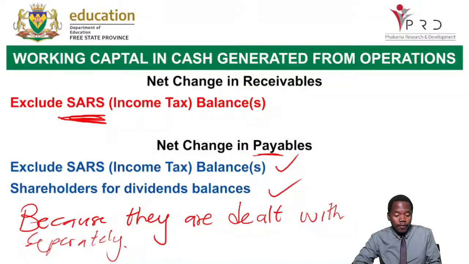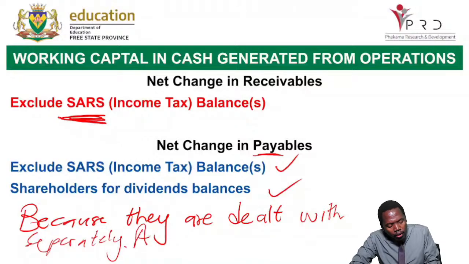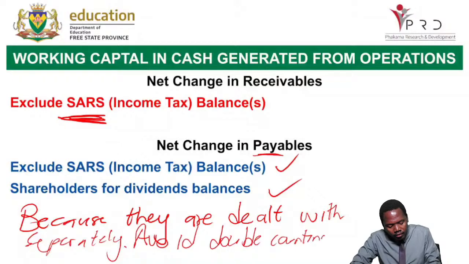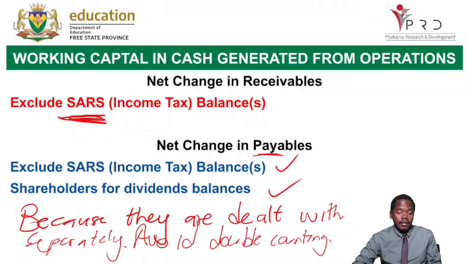There are notes for these items. So if we include them in the receivables and payables and also do the calculation later on, we'll be double counting. So we want to avoid the double counting. That is why we exclude them.